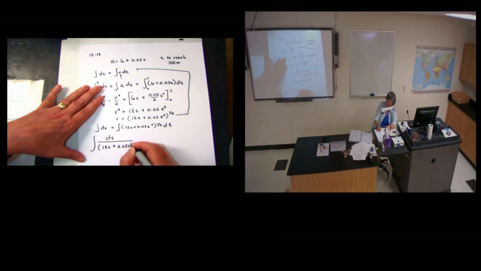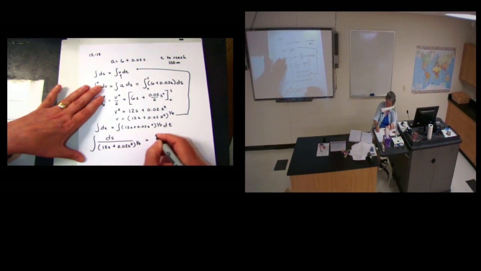Natural log of the bracket, the square root of 12s plus 0.02s squared plus s square root of 0.02 plus 12 over 2 square root of 0.02. So the way I did it is I evaluated at 100 meters.